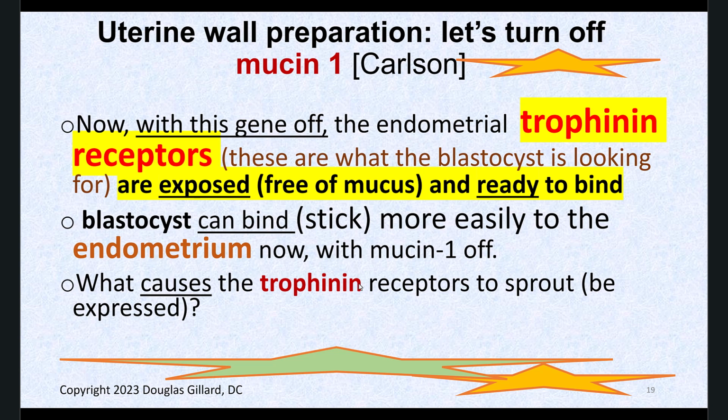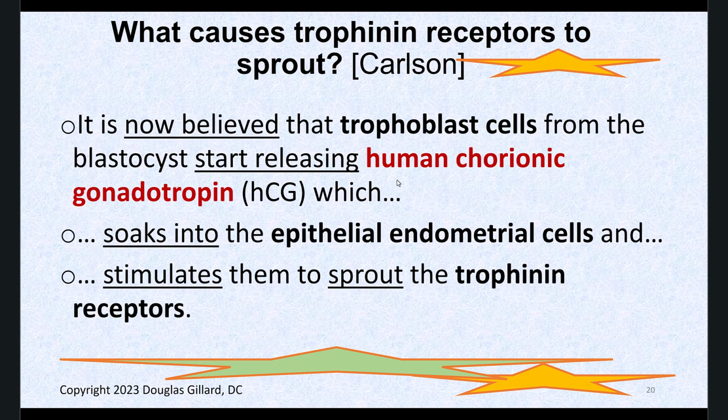So what causes these troponin receptors to sprout? And this is relatively new information. So it's our friend human chorionic gonadotropin. Syncytiotrophoblast cells, which are derived from trophoblast cells, secrete tons of this. But it turns out that trophoblast cells, which secrete EPF, also secrete a little bit of human chorionic gonadotropin. And it seems like this acts not as a hormone in this case, but as a paracrine.